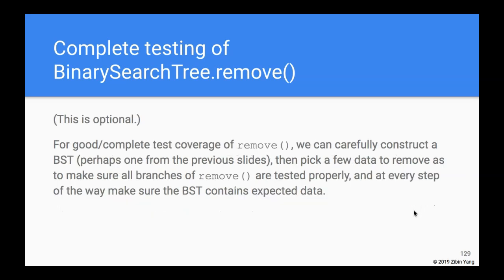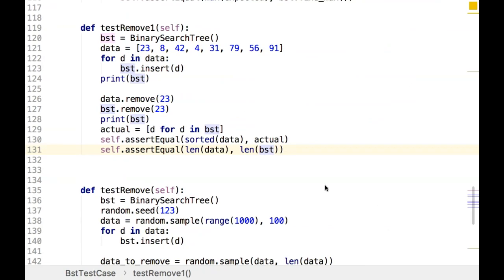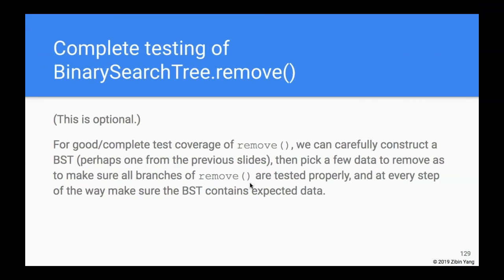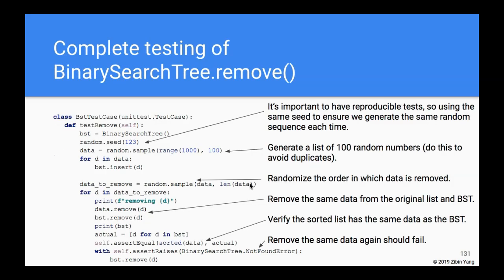So I already have the code here, and I'm just going to quickly explain what I'm doing. The first thing you notice is, I construct a BST. Now I do a random seed, and I give it a fixed seed. What that does is, even though it does generate random numbers, it will generate the same sequence of random numbers each time.